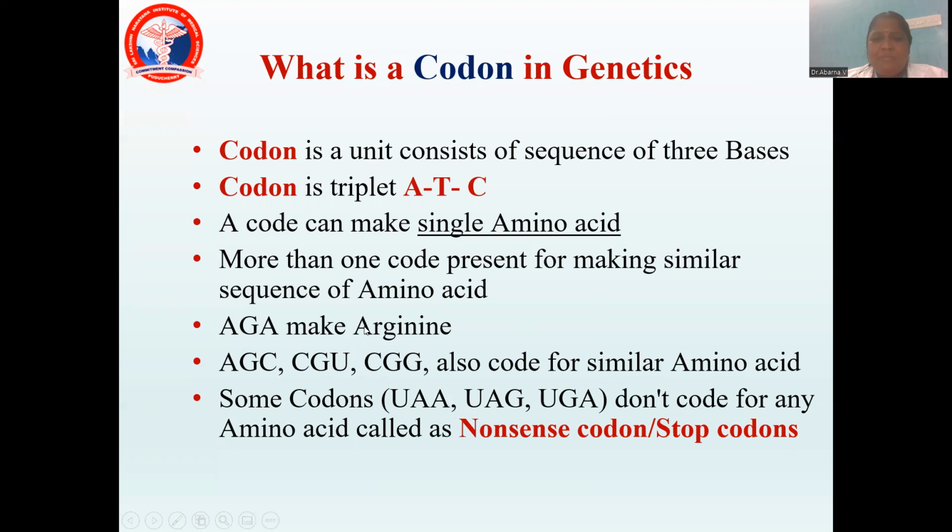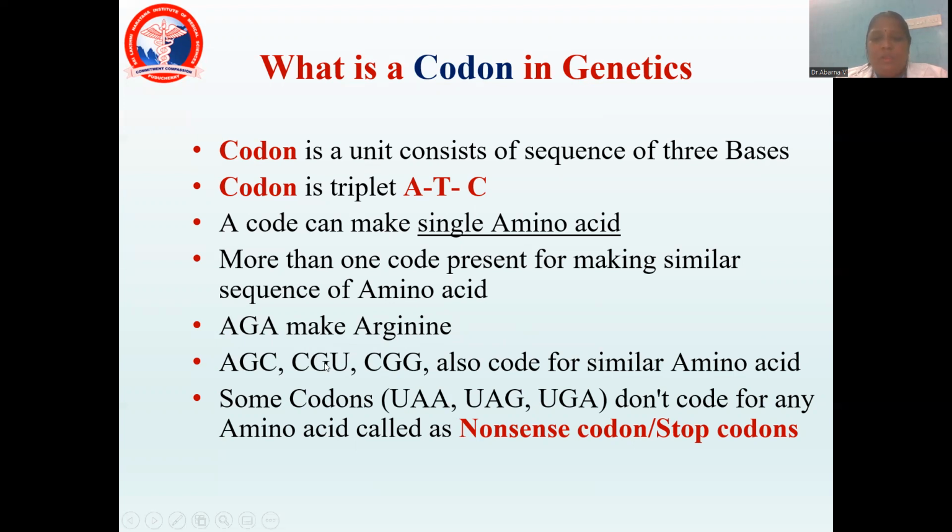These are examples: AGA will make arginine, and the same amino acid will have different codes like AGC, CGU, CGG, which also code for arginine. And there are very few codons which never code for any amino acid.